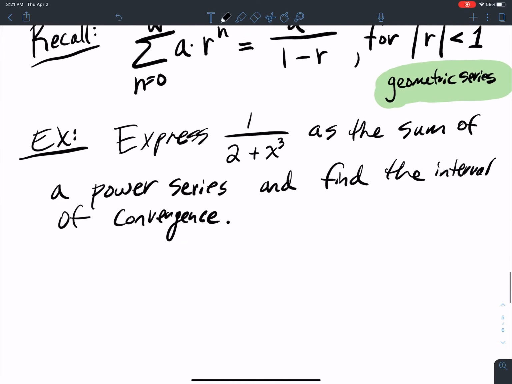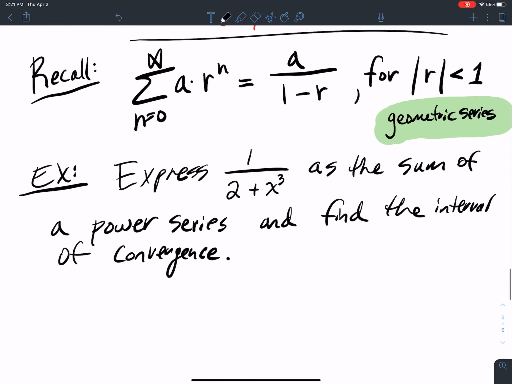Okay, so how do we do this? Well, we got to go back to our geometric series. Geometric series works like this.